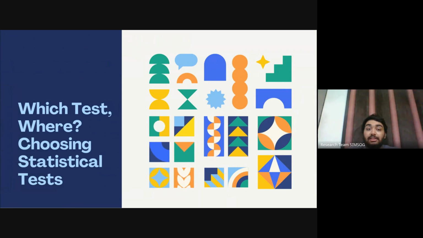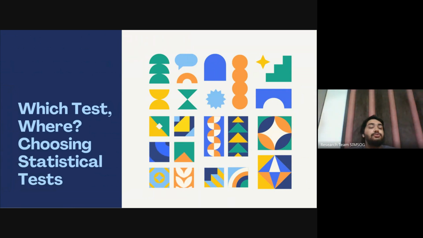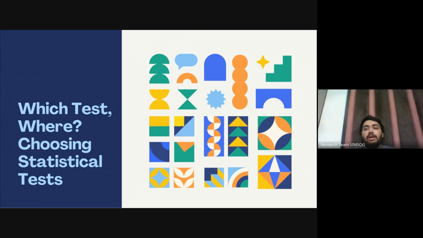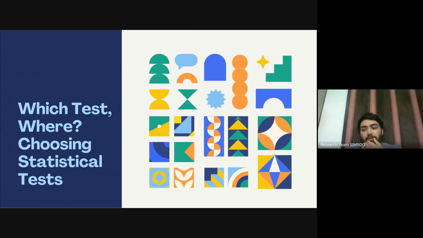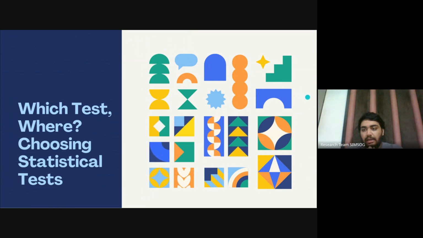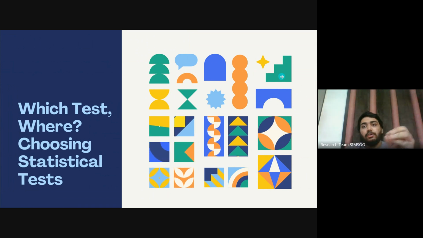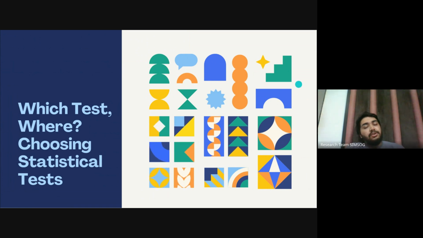Now, coming to the next point, which is choosing statistical tests. Okay, I hope you all are comfortable till now. Because now here I really want you all to focus on what all things I'm talking about, so that when you do your own research, you can really use this part and choose the appropriate statistical test.